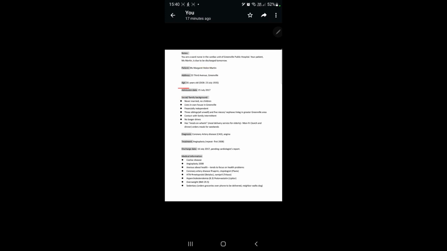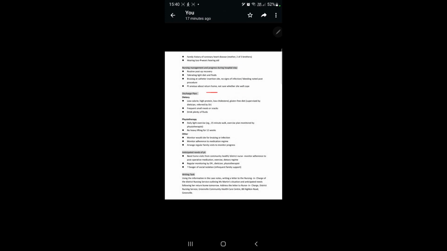The patient was admitted on this date, these things were important till this point, with reference to social isolation. Now this point was important for the diet. Treatment that was done is the angioplasty, and these medicines were important for the medicine compliance. So we can start the letter from here and then we can organize the details. I will show you.